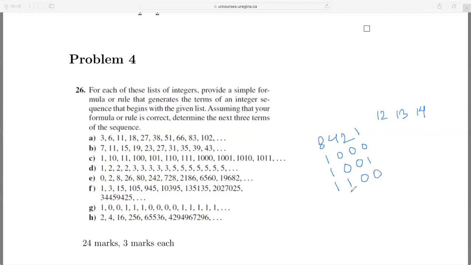If you find 13, it will be 8 plus 4, 0, 1. That's 8, 4, 12, and plus 1, 13. If you put 14, 8, 4, 12 plus 2 means 14, and then this one is 0. So these 3, 12, 13, and 14, are our next 3 terms.